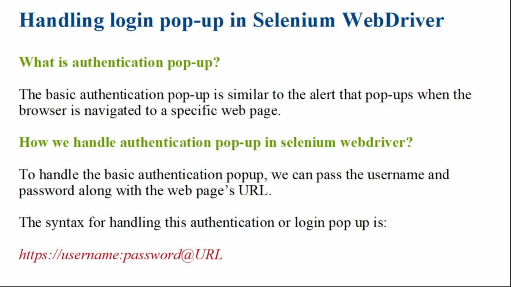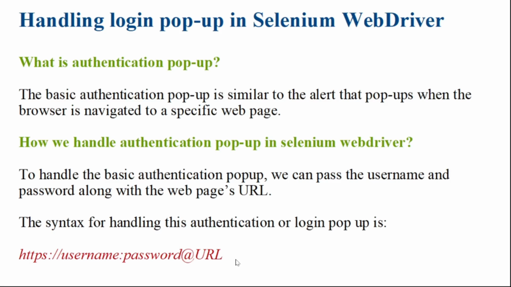In a very similar fashion, we'll provide the username and password in the same URL. To handle the basic authentication pop-up, we just pass the username and password along with the web page URL, like I have shown you in the syntax: the username colon password, then at the rate, and after that the complete URL.